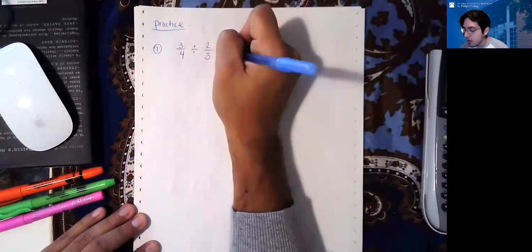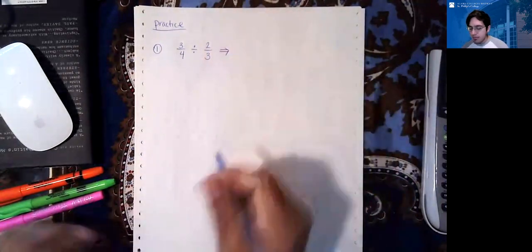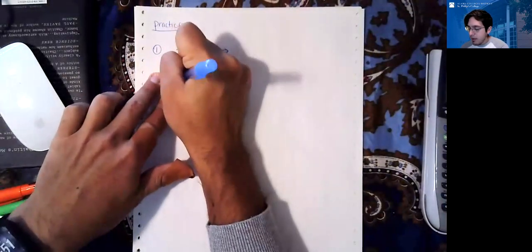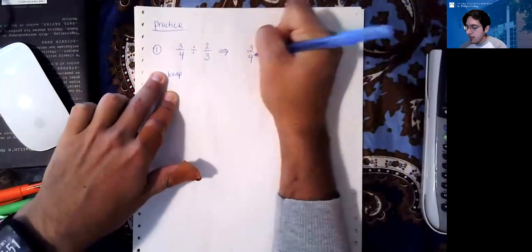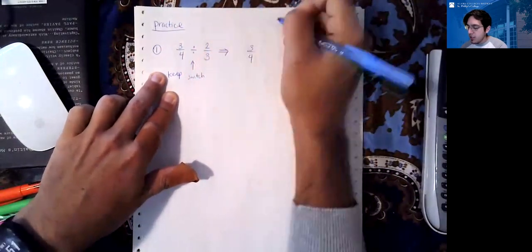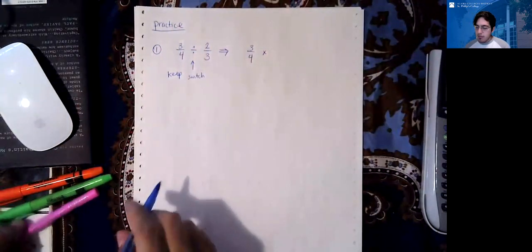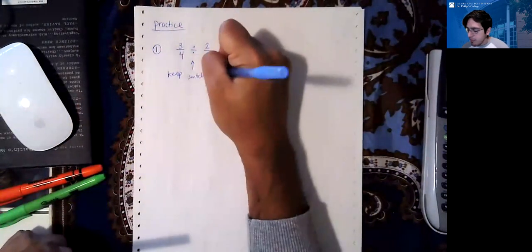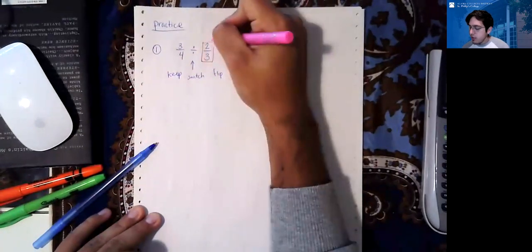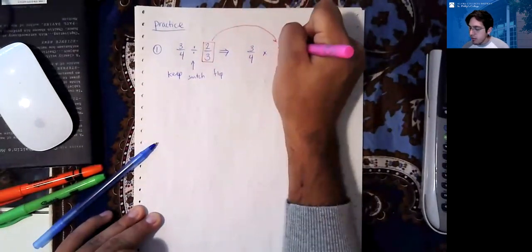So what we should do then is change our problem. We'll go ahead and keep the first fraction, 3/4. We'll switch to multiplication, and then we will flip this second number to its reciprocal, which would be 3 over 2.